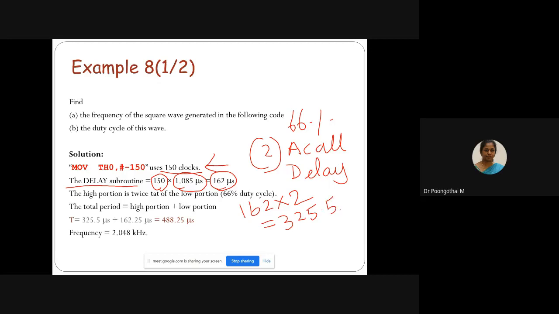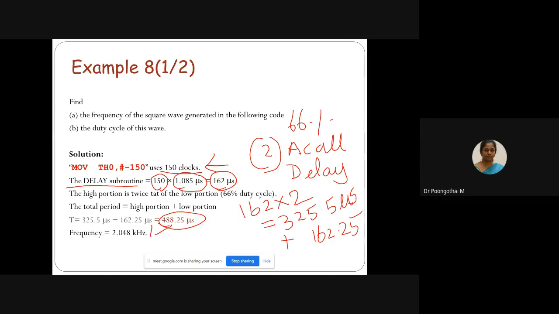325.5 microseconds for on time, plus off time is 162.25. This is your final answer. So after one time execution, your timer will generate 488.25 microseconds.